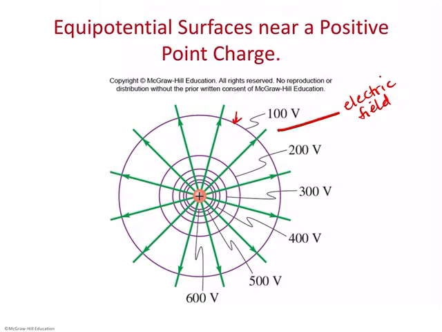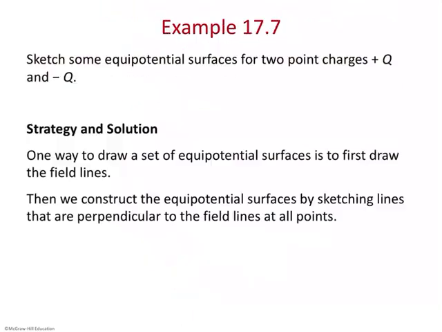And then closer than that, you're at 300 volts, and so on. I know that they make circles, but if you take this point right here, see how the purple and the green are perpendicular? Whenever you're going to sketch electric fields and electric potentials, you have to make sure that these lines are perpendicular to each other, okay? They can get a little crazy looking.